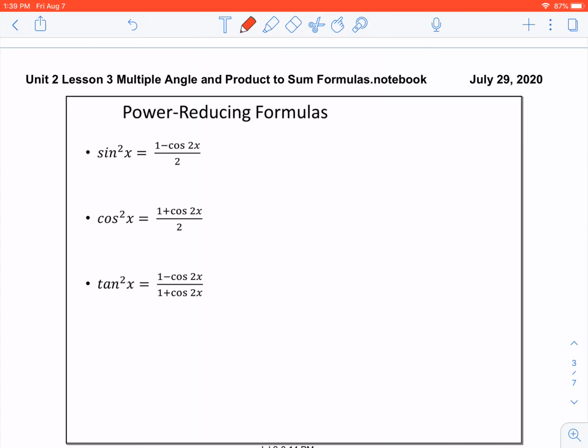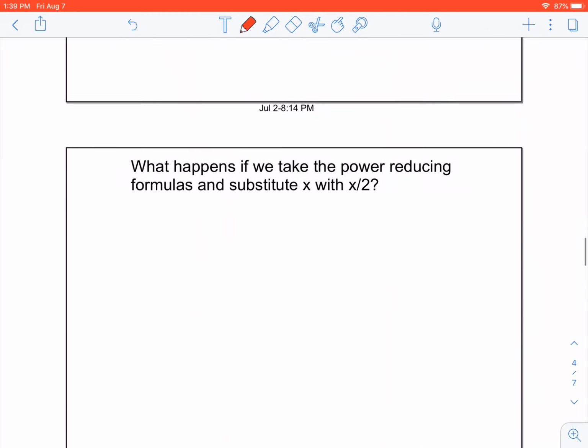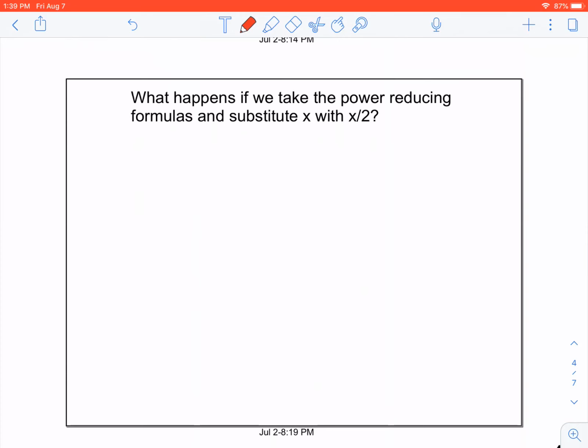All right, let's see what's next. What's next is going to be our half angle identities. So for our half angle identities, what happens if we take the power reducing formulas and substitute x with x over 2?